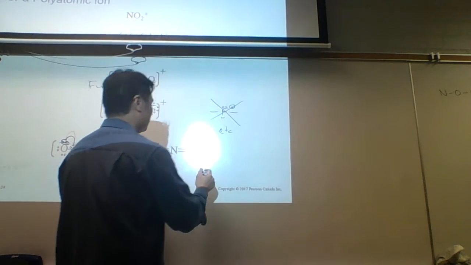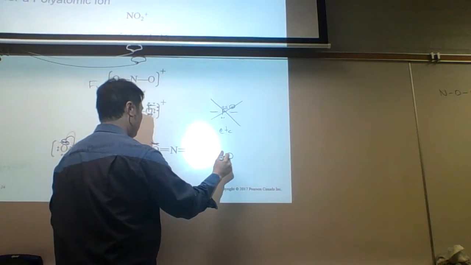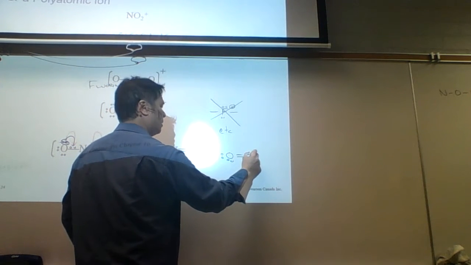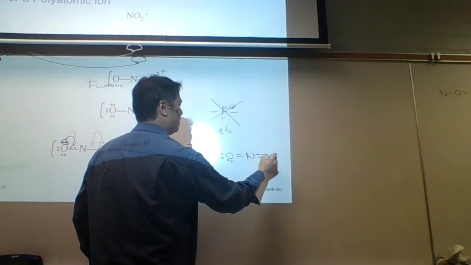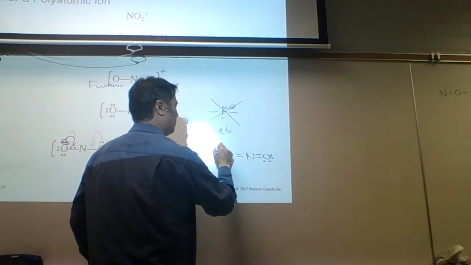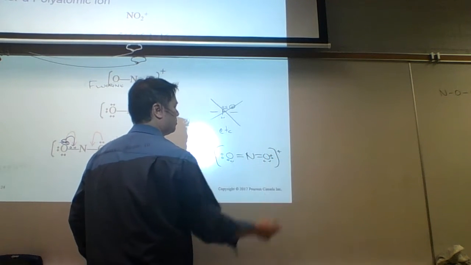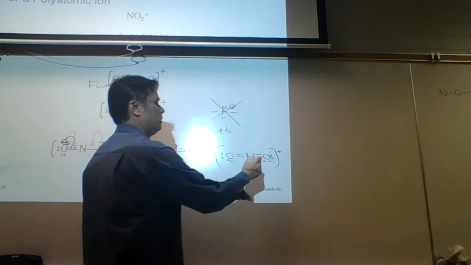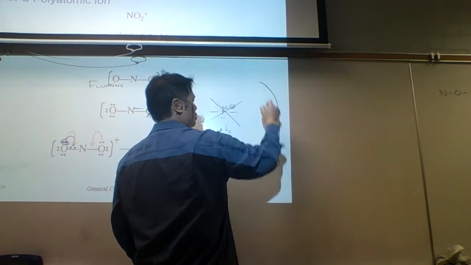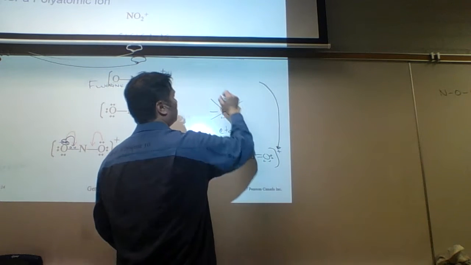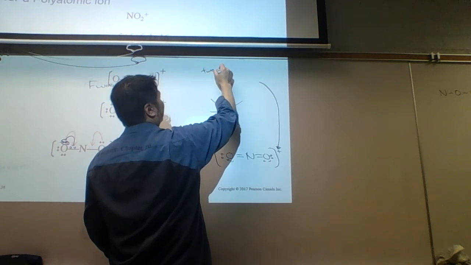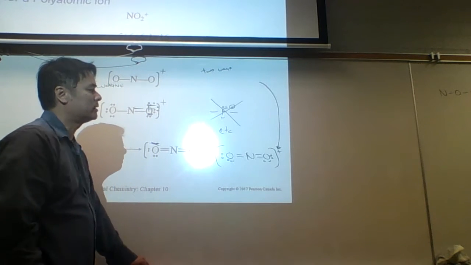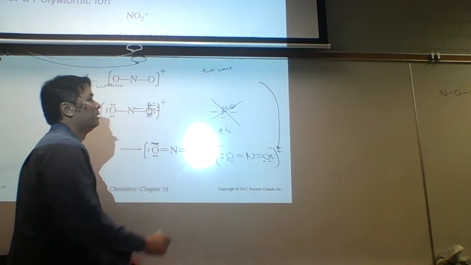Now, when we look at the structure of this, there's something we have to do in addition. This whole thing carries a net positive charge here, +1. And there are 2 ways we can calculate the net charge.